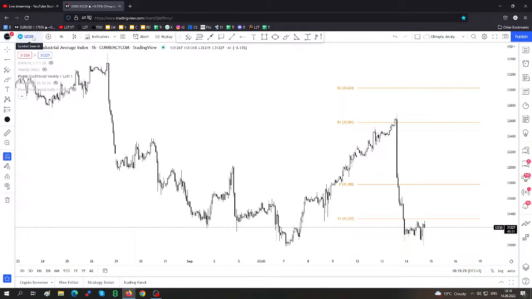Also don't forget that trading is not only about winning trades. That's why we are using a stop loss. That's why I'm risking only 1% of the trading account per trade. It's very important, also money management, risk management.